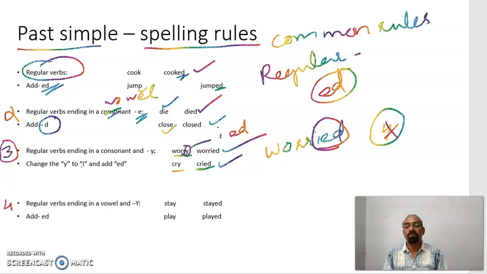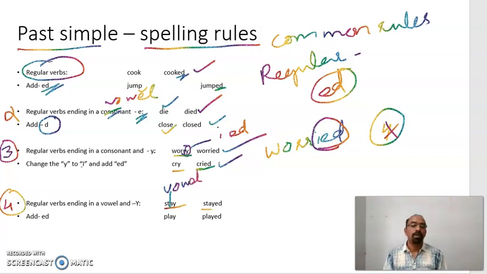Fourth rule of regular verbs. Regular verbs ending in a vowel and y, we add ed. For example, stay. This word is ended with y, but just before y we have a vowel sound, not a consonant.